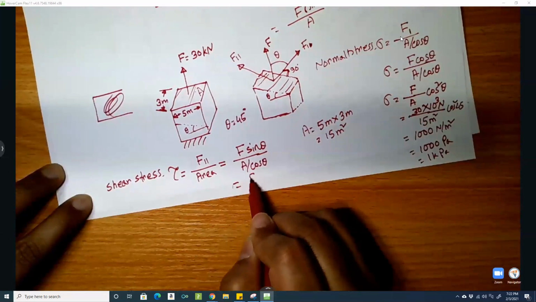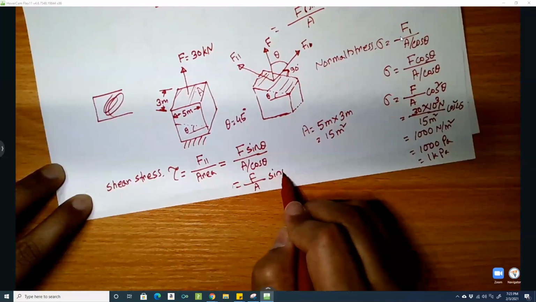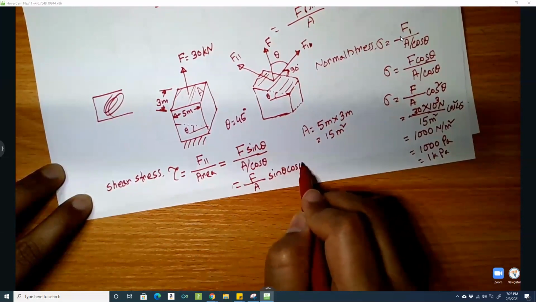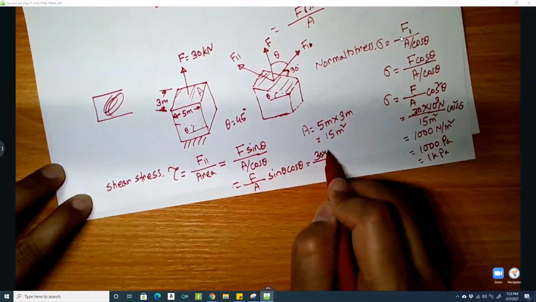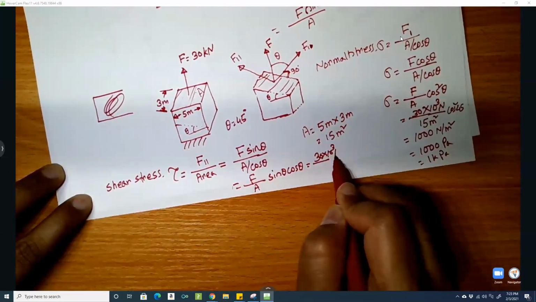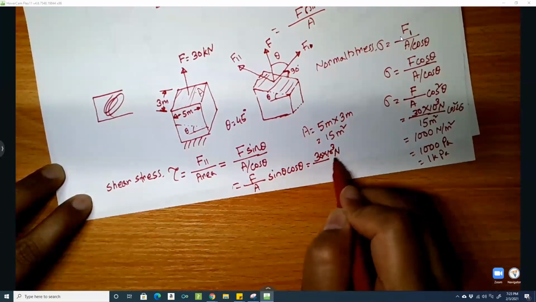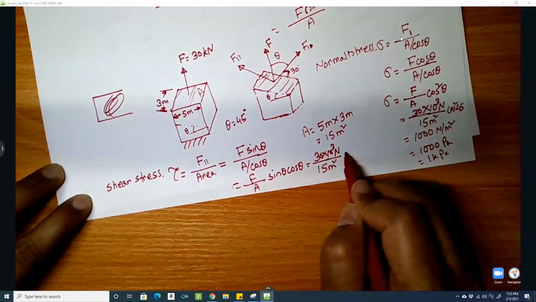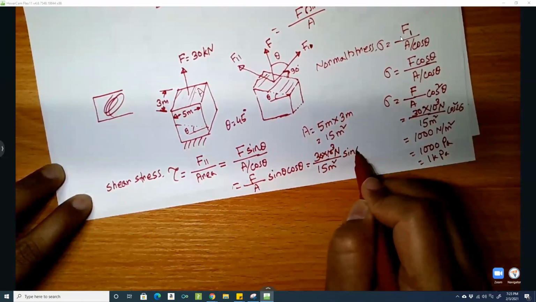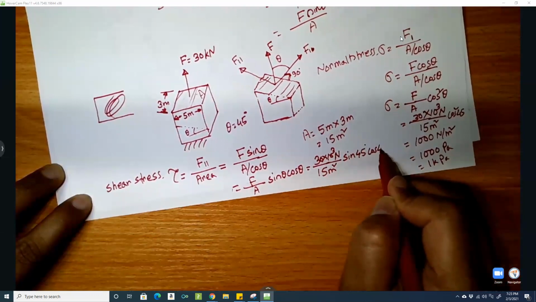So F by A sine theta cosine theta, that means 30 into 10 to the 3 Newton, then A is equal to 15 meter square, sine 45 cosine 45.